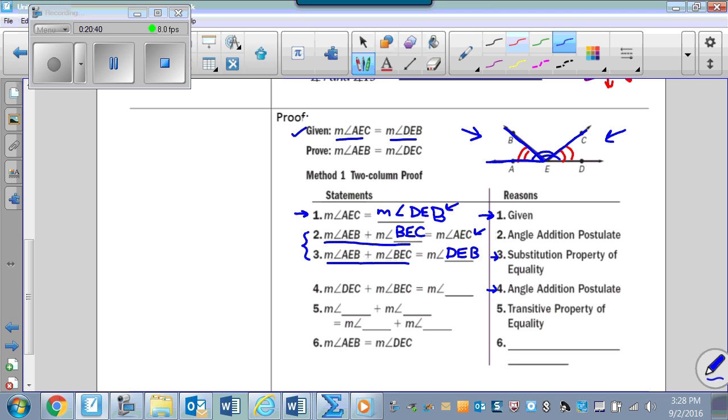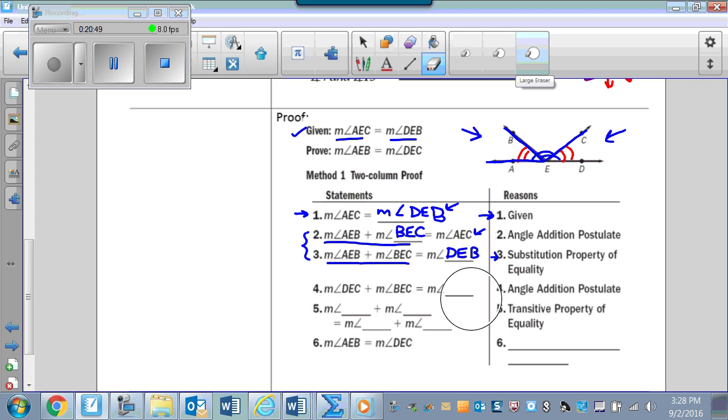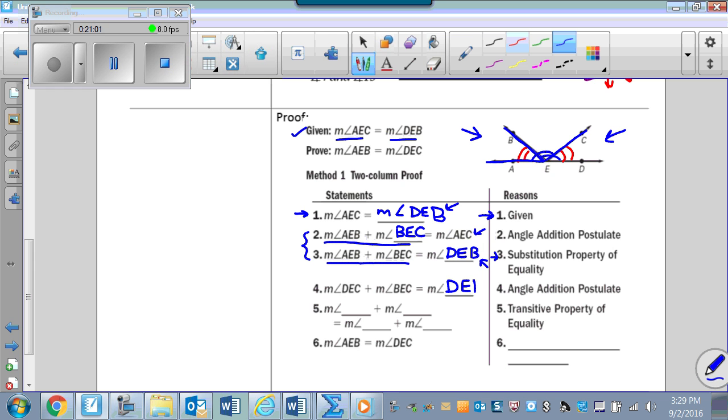I get the measure of angle BED. Which, you know what, I'm going to write that as DEB because that's the way it is right here. Remember, angle BED is the same angle as angle DEB, so I'm going to write it like I wrote it up above there.